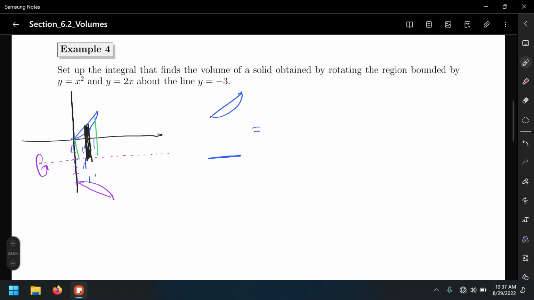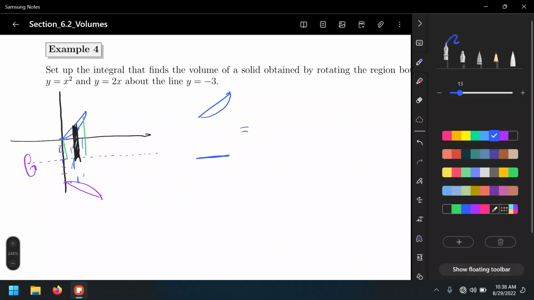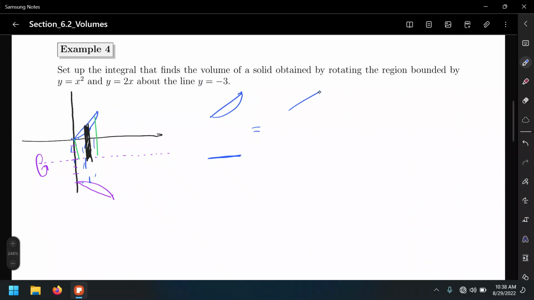But in this case, we have two different radii. We have an outermost radius and an innermost radius. Which function would represent the outermost radius? The line or the parabola? The line, okay. So we would get this shape essentially.